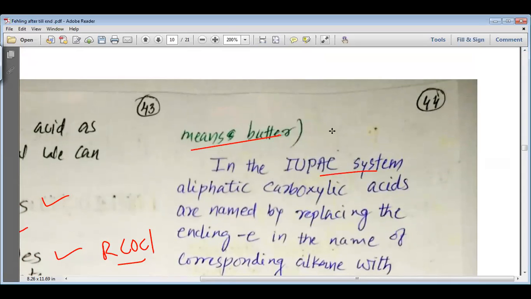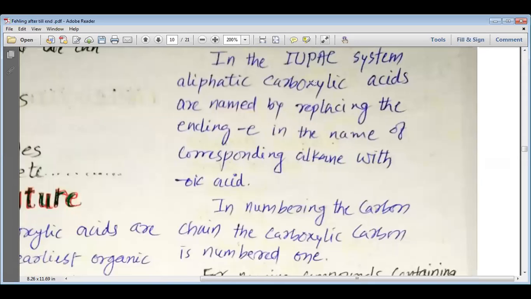Now, my dear students, we should study the IUPAC system for carboxylic acids. In the IUPAC system, aliphatic carboxylic acids are named by replacing the ending E in the name of the corresponding alkane with oic acid.